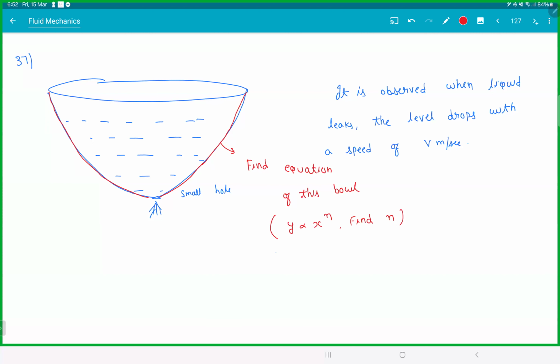There's no need to integrate. Nothing much to do, we'll get the answer in 3 steps. Before typing the answer, you need to understand. If you have n equal to 1, what kind of shape did you make? A straight line.